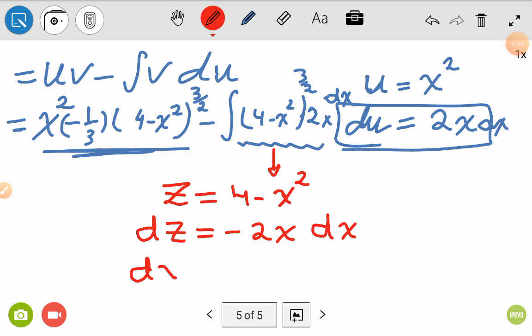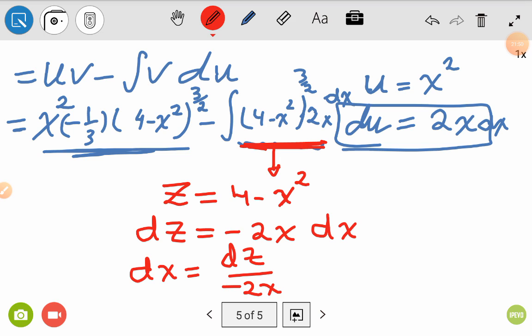And dx is equal to dz over negative 2x. To solve this part of the question, we will follow the substitution way.